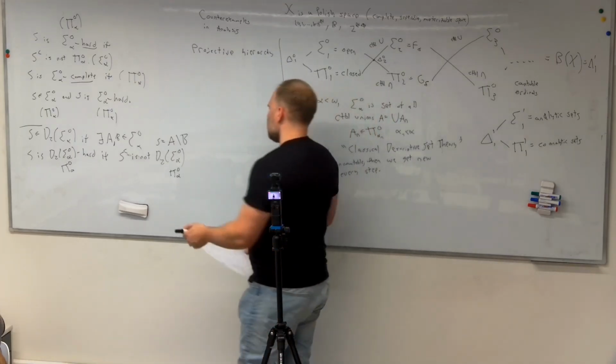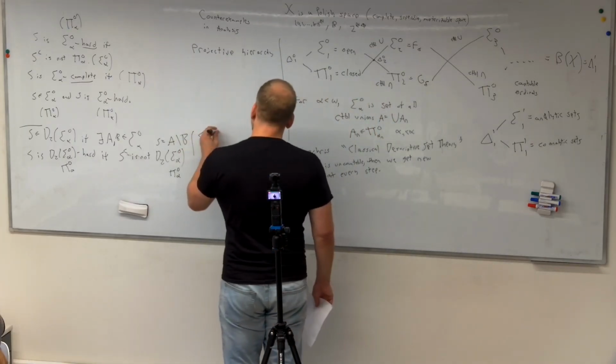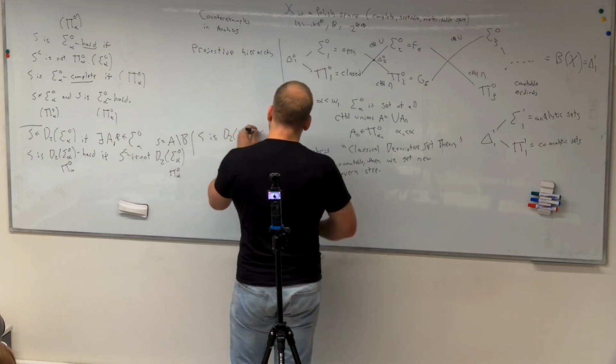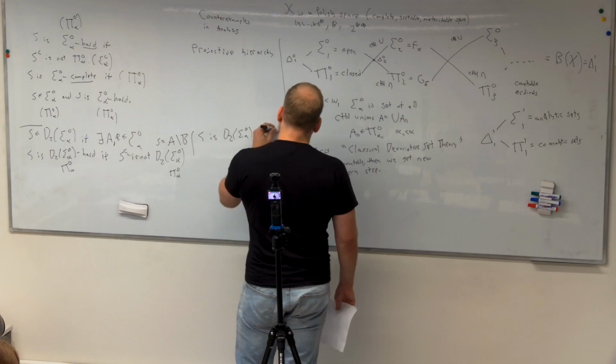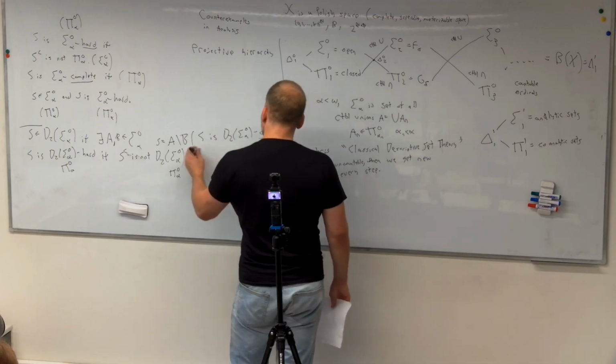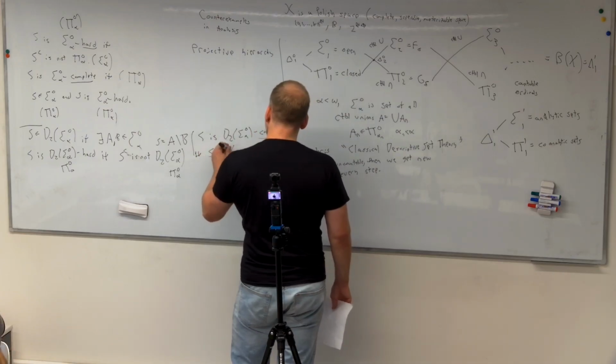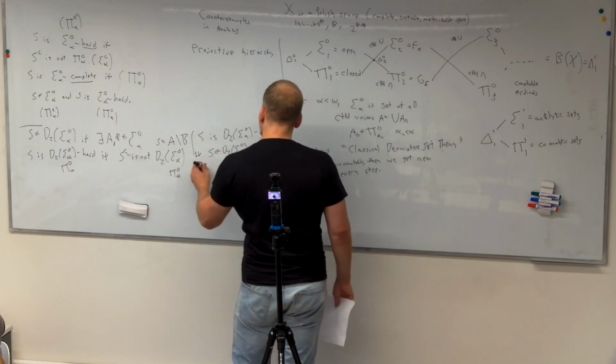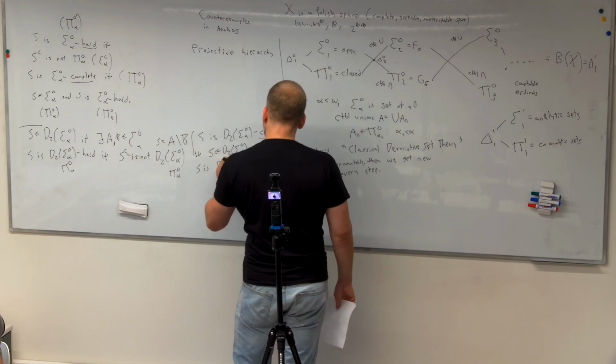And then lastly, S is D2 of sigma 0 alpha complete if S is in D2 sigma 0 alpha and S is D2 of sigma 0 alpha hard.